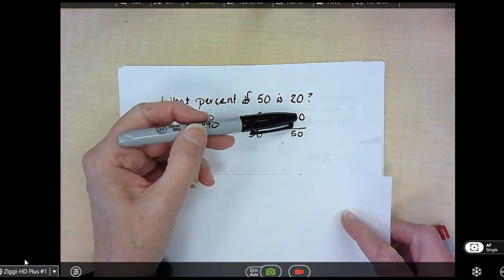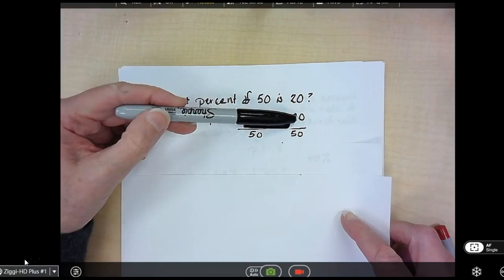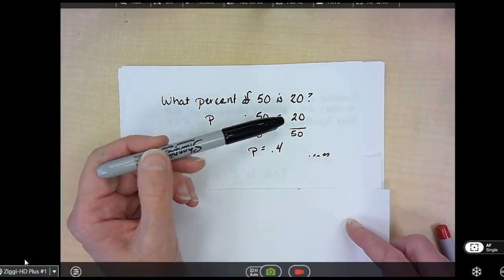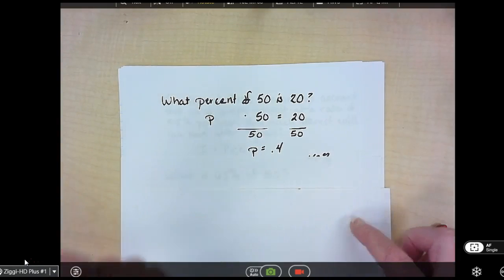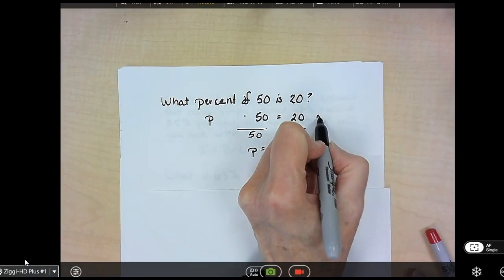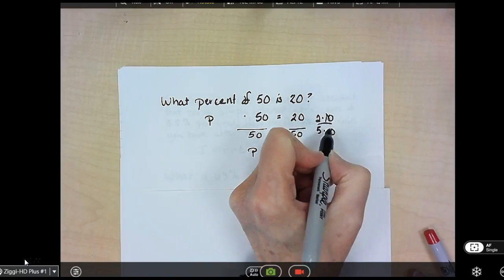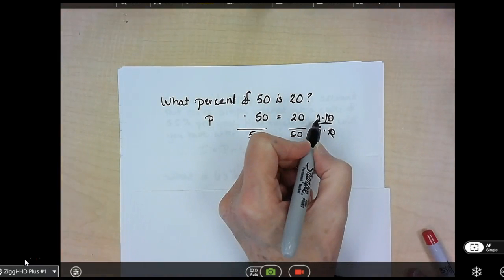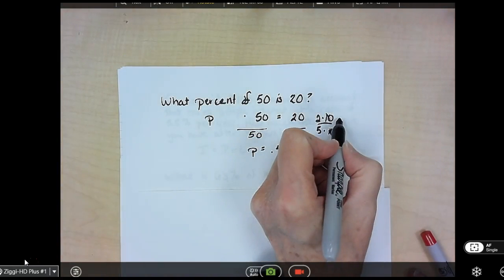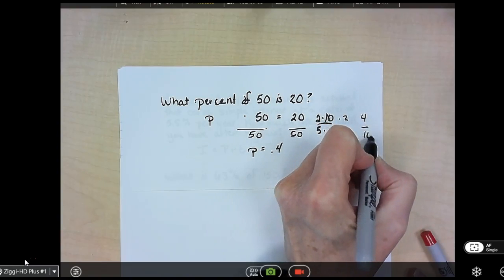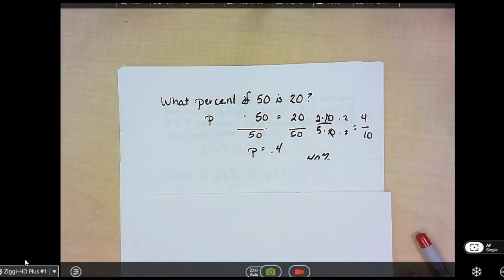And then I have my 20 over 50, which simplifies to 2/5 or 0.4, which is 4/10. Again, I canceled my 10s when I did this in my head. 10 over 10 is just 1. 2/5, I'd multiply both sides by 2, which gives me 4/10 to convert it into a decimal.